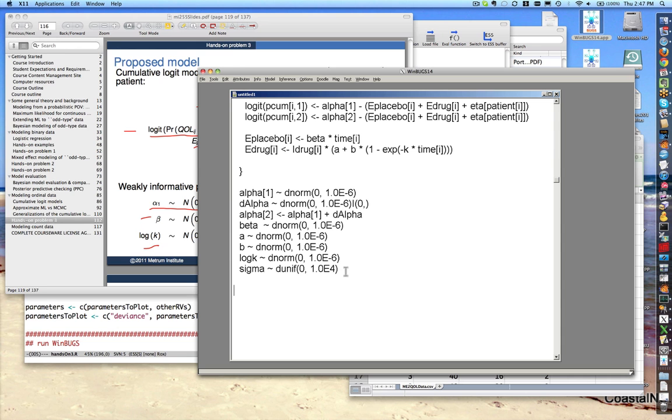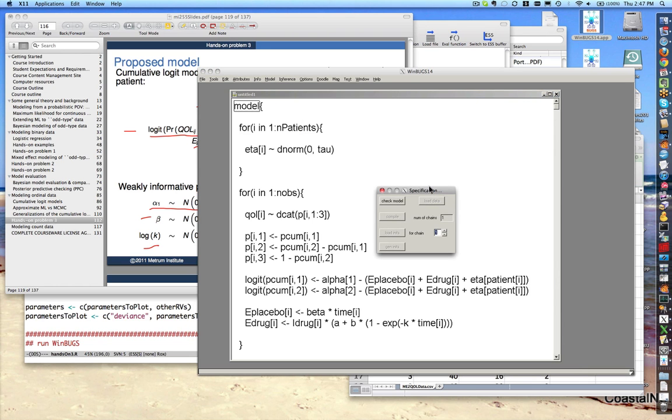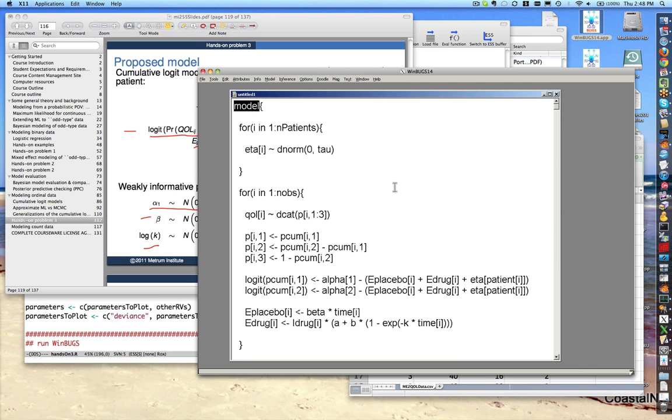Okay, and if I did everything right, that should be a representation of that model. In fact, let's do a quick check of the syntax by pulling down our model specification and hitting check, and it says model is syntactically correct. Okay, doesn't mean we're right, it just means that we're not wrong for syntactical reasons.